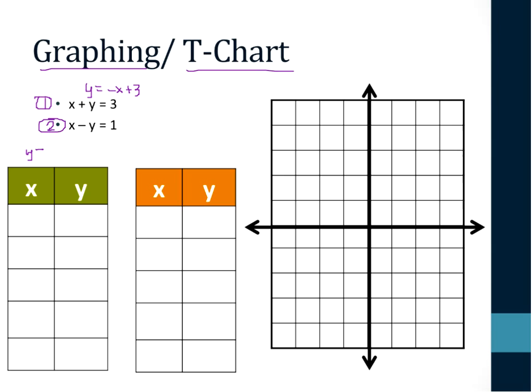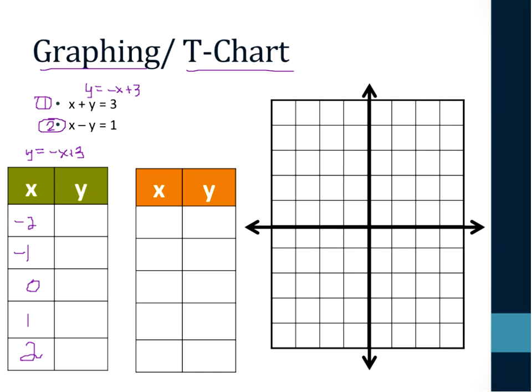And that's what I'm going to use in my t-chart here. And the way that I use a t-chart is I know that I want to look at some points right around the origin. So I usually start with 0. And I know I put 0 kind of in the middle because I'm also going to want to see what happens at 1 and 2, and maybe also at -1 and -2.